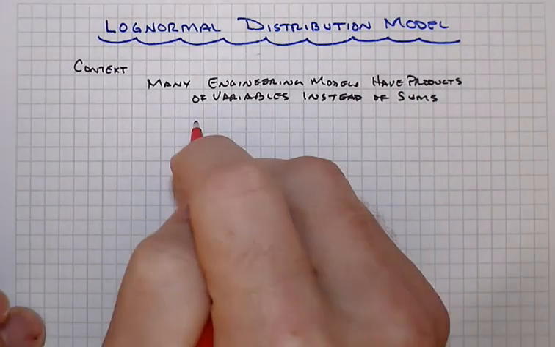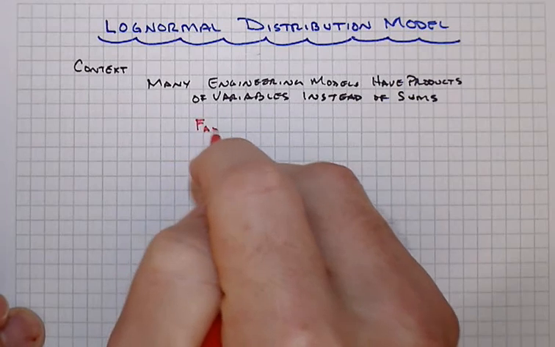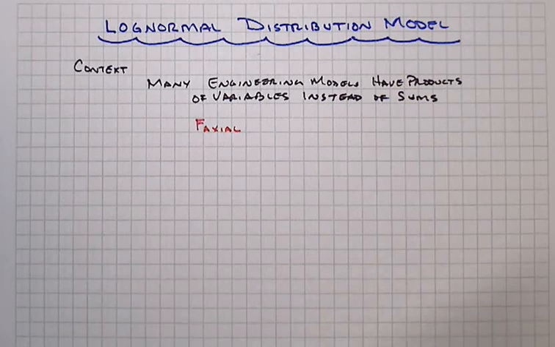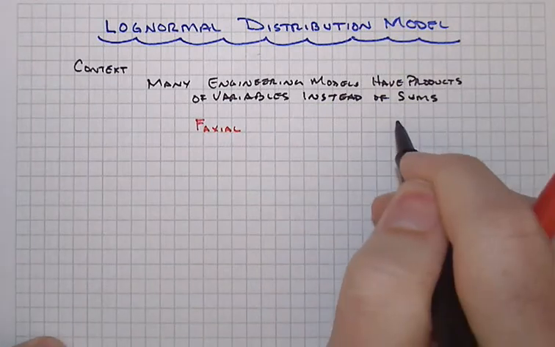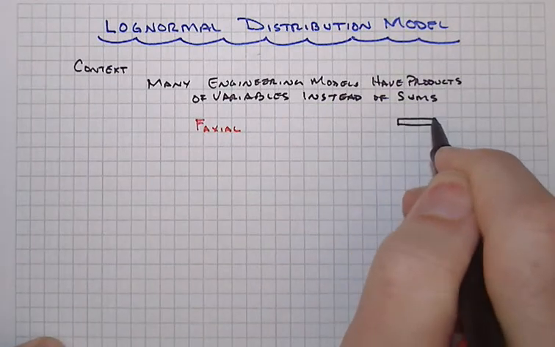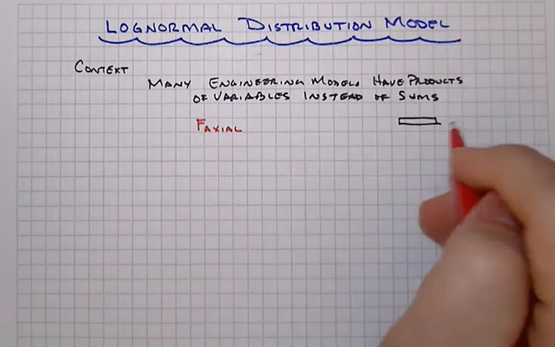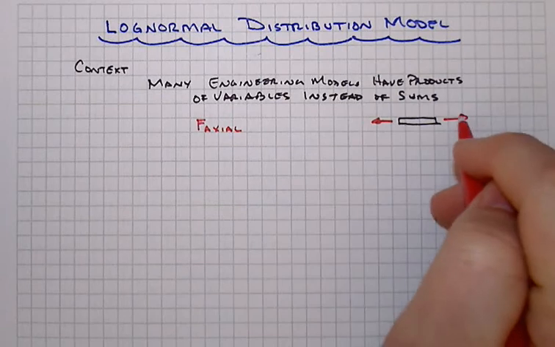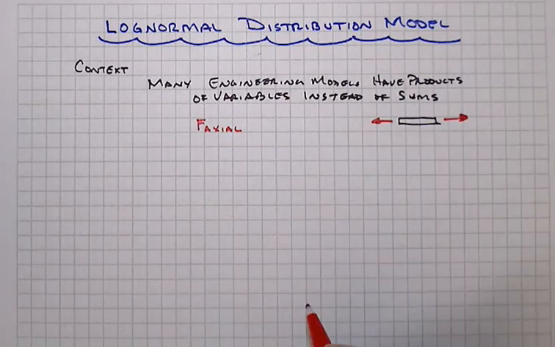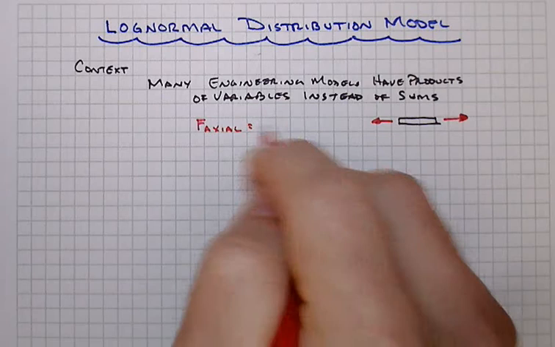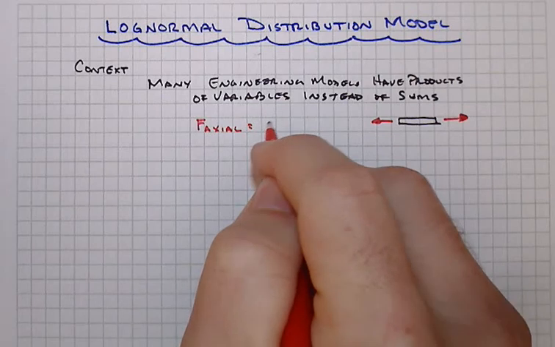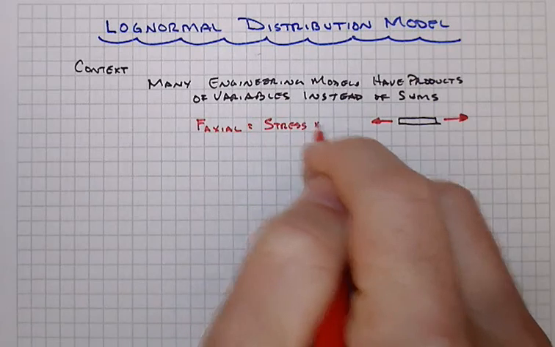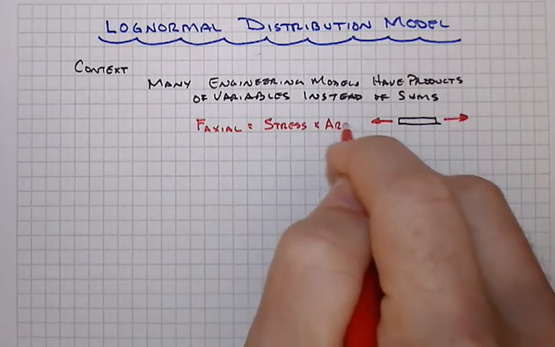One being when we're looking at the axial force in a structural component. So say we have a bar that is in uniaxial tension or compression, and we're interested in the strength of that bar. Then that axial strength will be equal to its strength in terms of stress times that cross-sectional area.